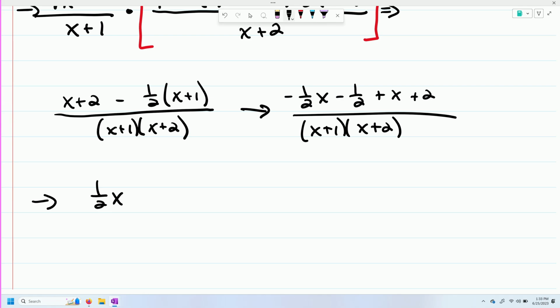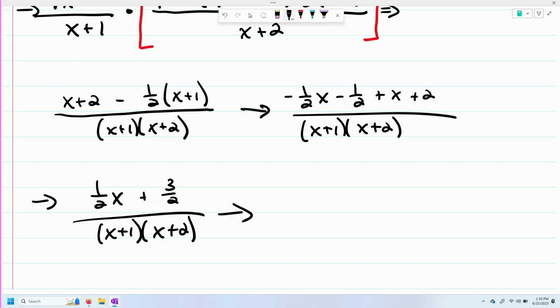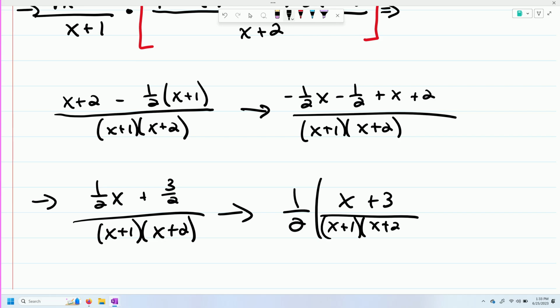Negative 1/2 plus 2 is plus 3 over 2 all over x plus 1 times x plus 2, which I can factor out a 1/2 to say 1/2 times x plus 3 all over x plus 1 times x plus 2.